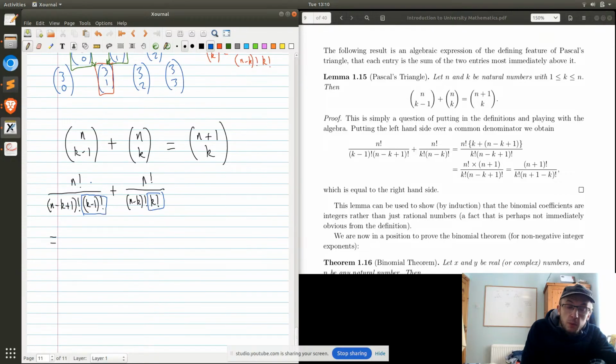But then you have to multiply the top by k as well. Okay, so we're going to times the top and the bottom by k over there. But then what's the relationship between this bit here and this bit?